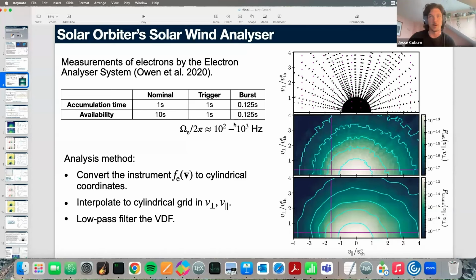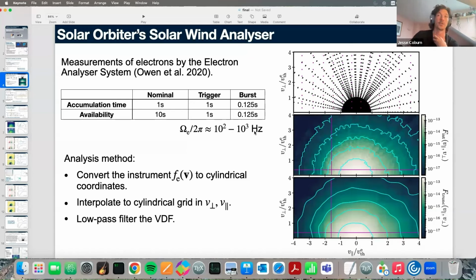For the magnetosphere with MMS, maybe it's not so impressive. But time relative to the time scales at which we're looking at the distribution function is really what is important here. So I've put the electron, a typical electron cyclotron frequency in the solar wind here.